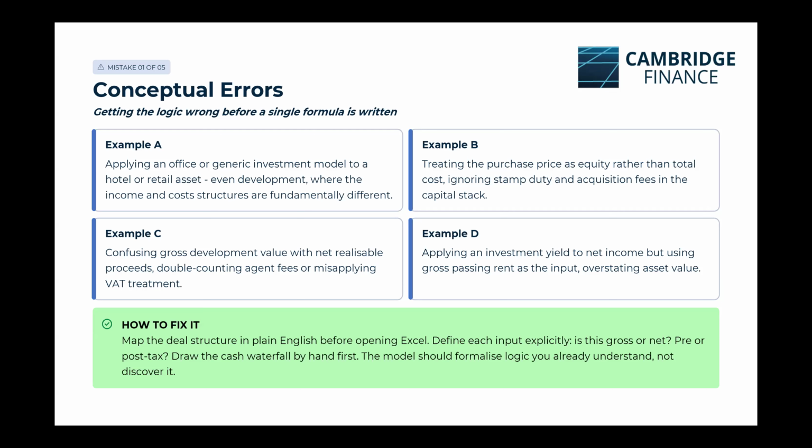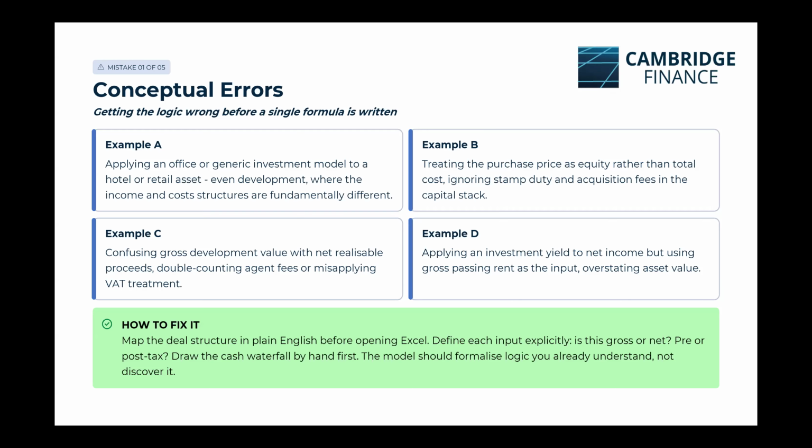You need to go through the calculation of the transaction costs, and figure out how much the agent fee is going to be, any VAT treatment on how much you sell, and what your assumption on the GDV is.